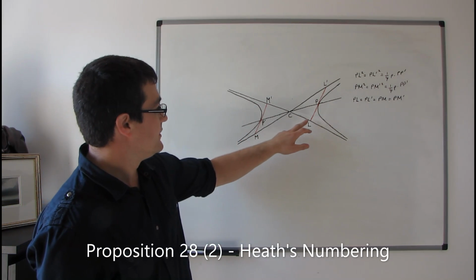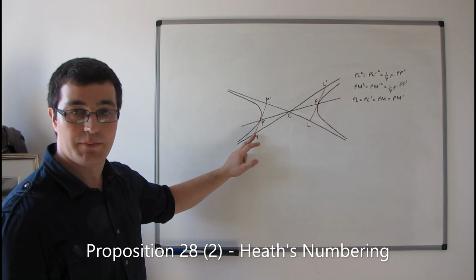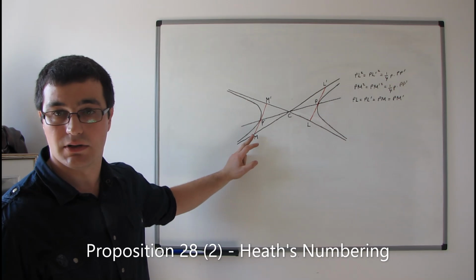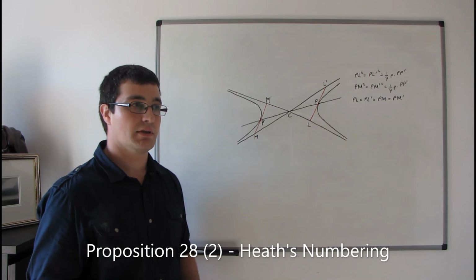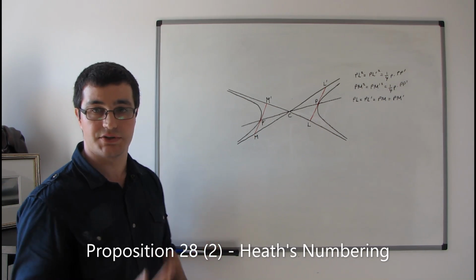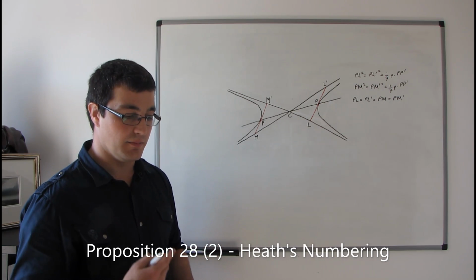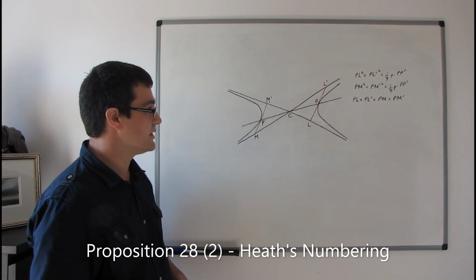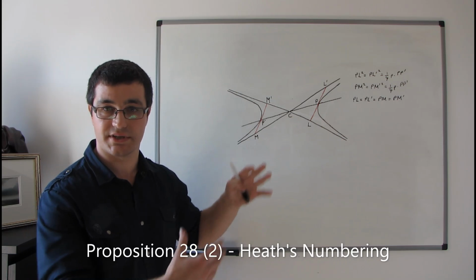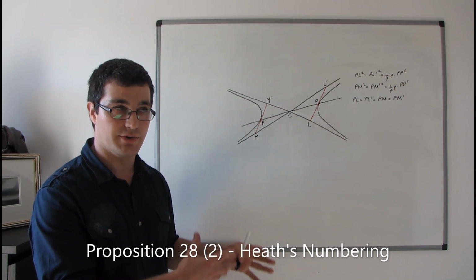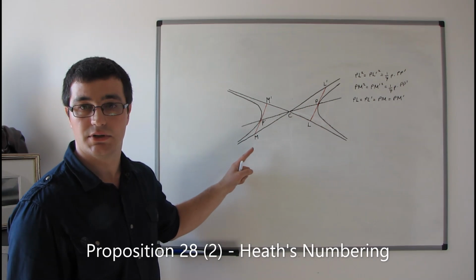Okay, so the tangent to the hyperbola at the point P and the tangent to the hyperbola at the point P primed are parallel lines. Now, actually, this is something that Apollonius just kind of assumes. It seems obvious that should be the case. In Heath's translation, there is a little note that says that even though Apollonius didn't prove it, another Greek geometer supplied a proof of the parallelism of these two lines.